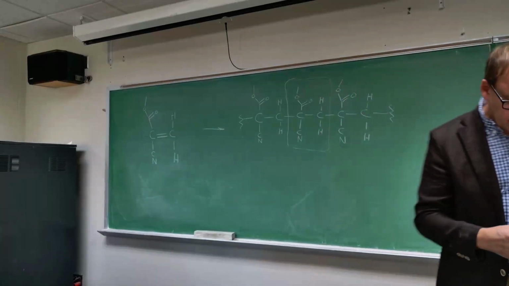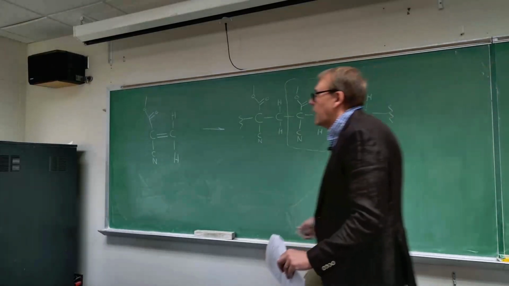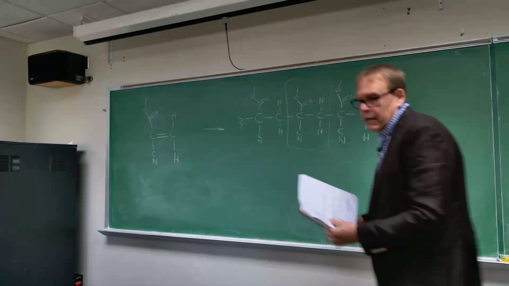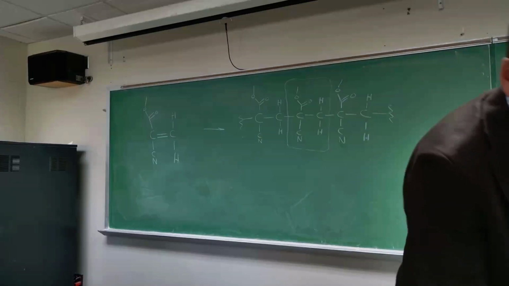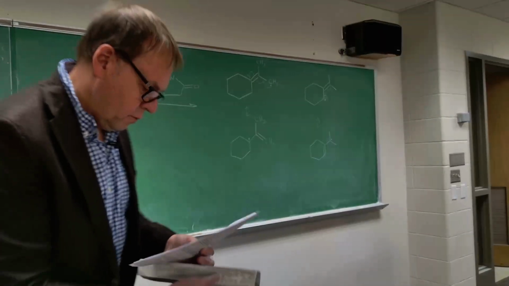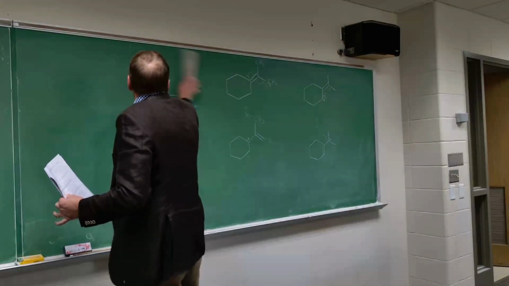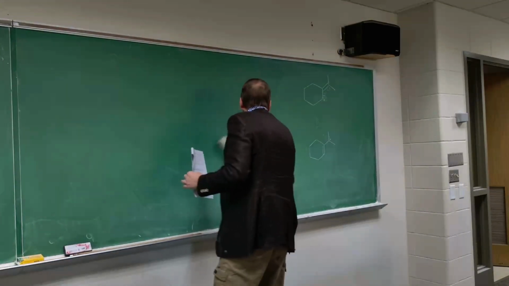The next one is a recycling question. So it gives you a bit of a polymer and asks you, what is the name of this thing and what's its recycling symbol? So let's just go over this really quickly.